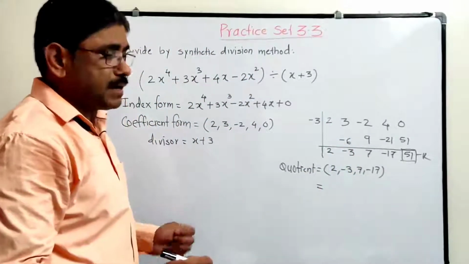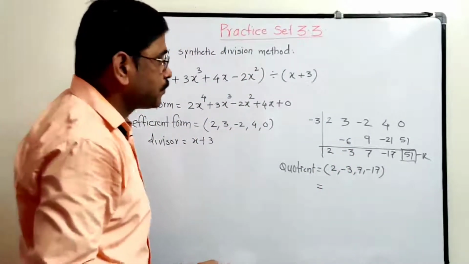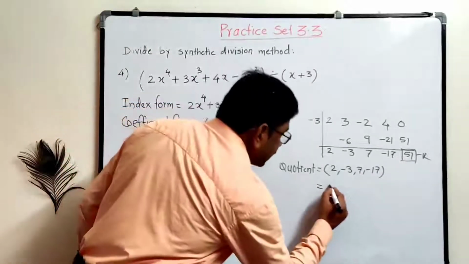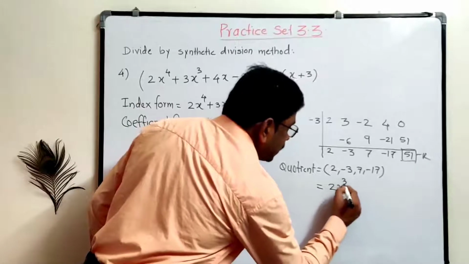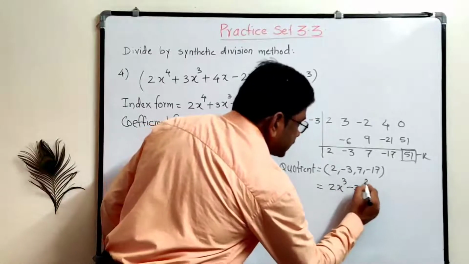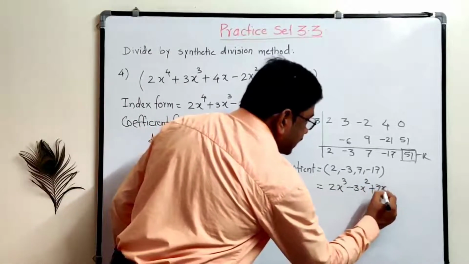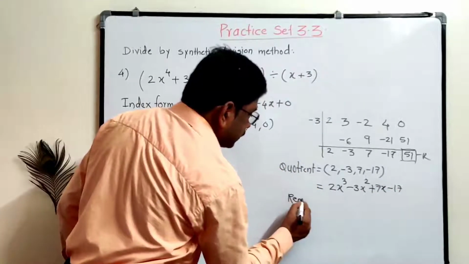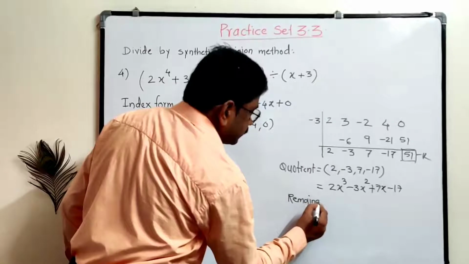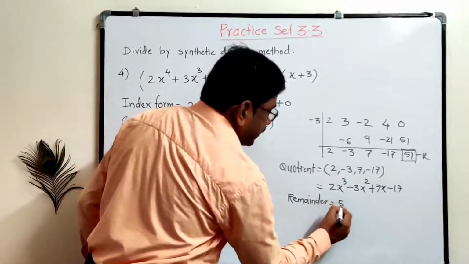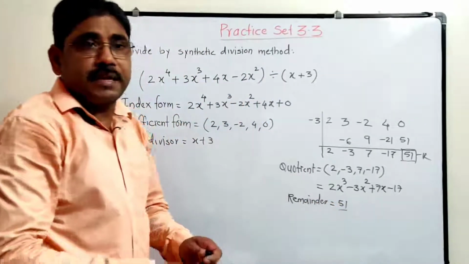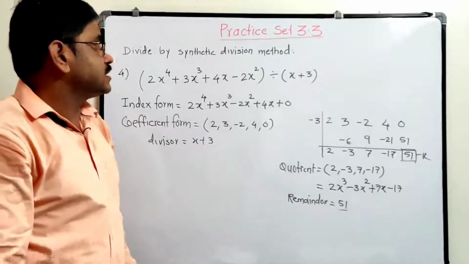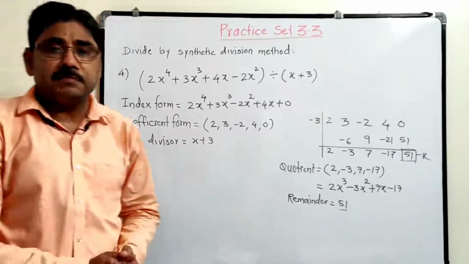Number of coefficients minus 1, so 3, that means the degree is 3. So the maximum power is 3: 2x cube minus 3x square plus 7x and minus 17, and the remainder will be 51. So in this way we can divide the polynomials using the synthetic division method.